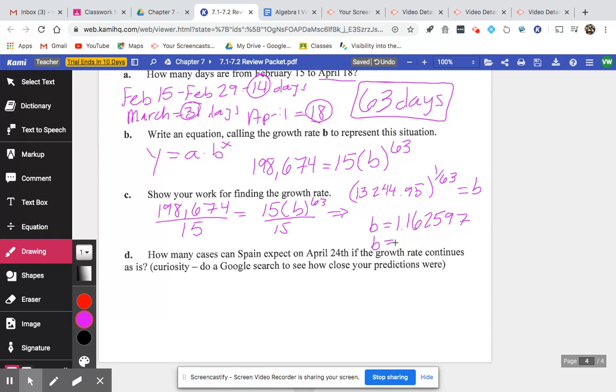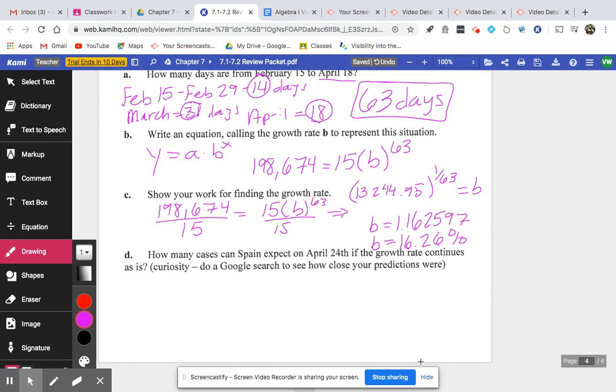So we got 16.26%. Oh, wait, no, never mind. I'm good. I misread my handwriting. We're good.